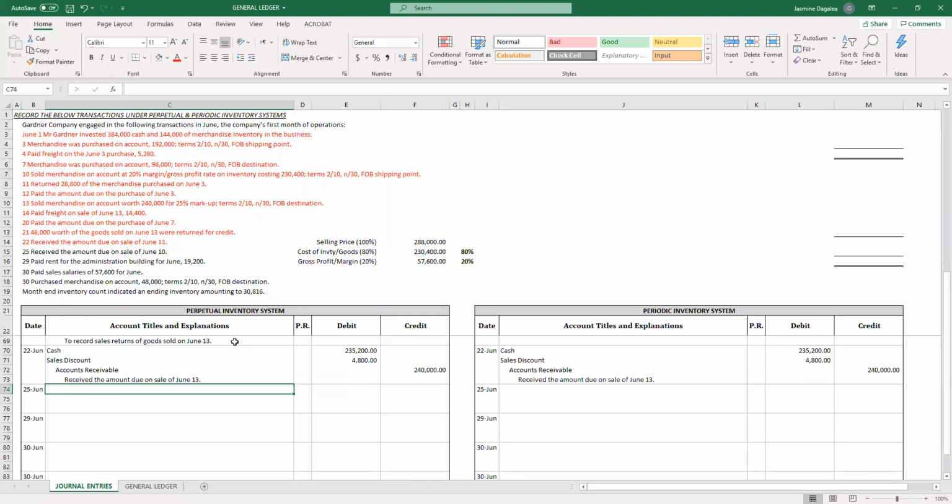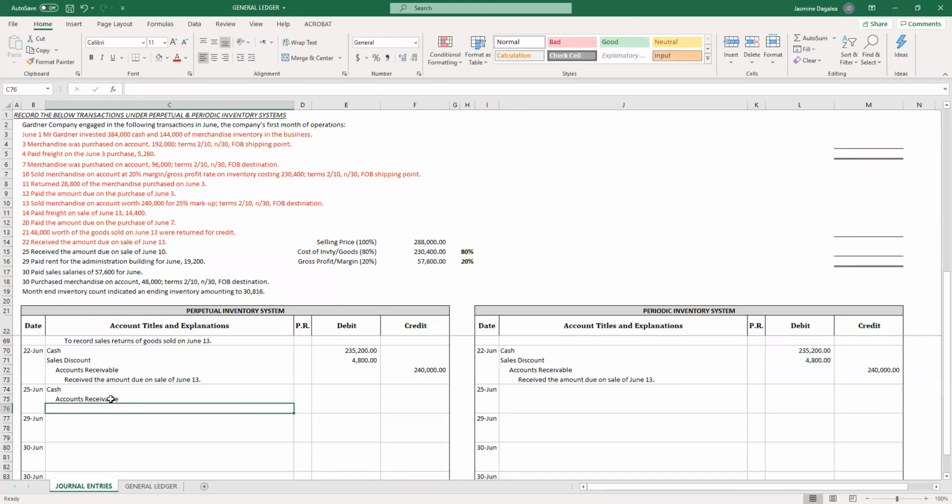Okay, so what is your entry under perpetual inventory system? Debit? Binayaran ka daw. Cash, ma'am. Cash. So, chinek natin, wala namang return under June 10. Wala namang binanggit na return, so wala. Okay, debit cash, credit accounts receivable.